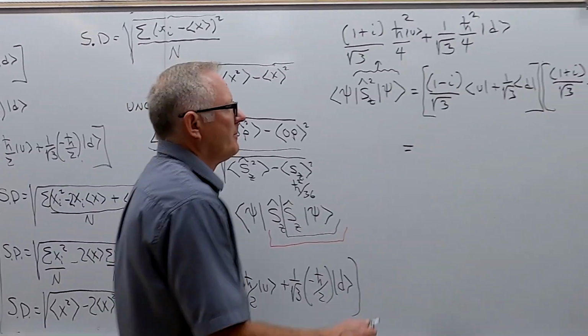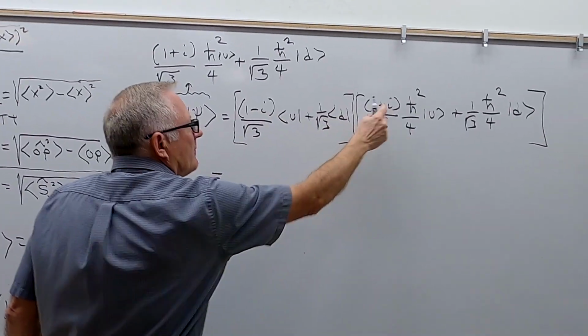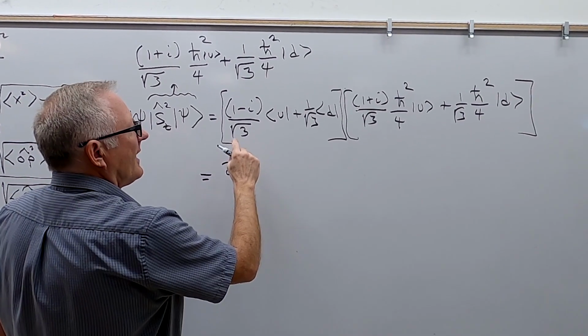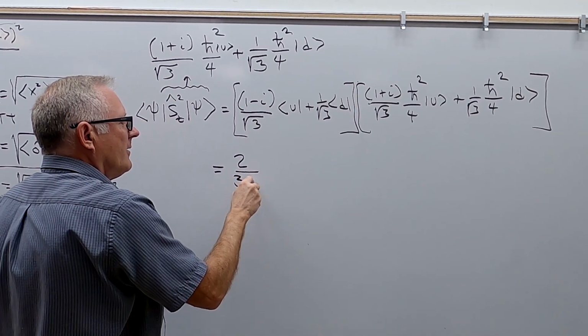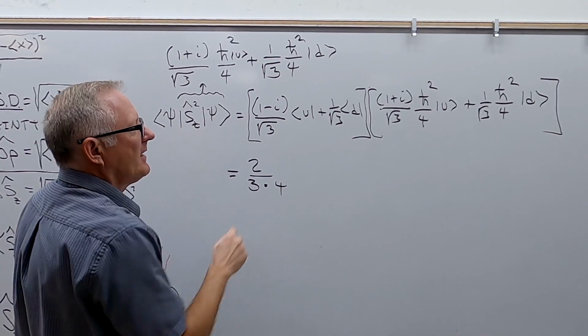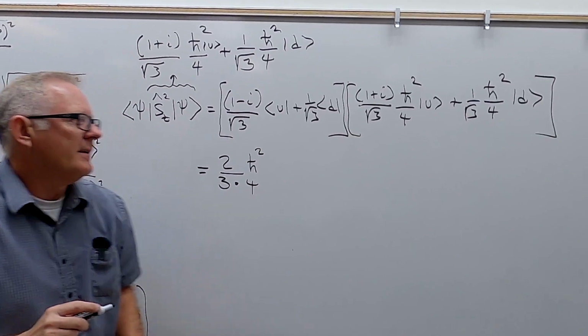I can't have that. Okay, so multiplying this together, 1 minus i, 1 plus i, again was 2. We got 3 times the square root of 3, that's 3. And then we also have the 4 there, and we have the h bar squared, and the up gave me 1.